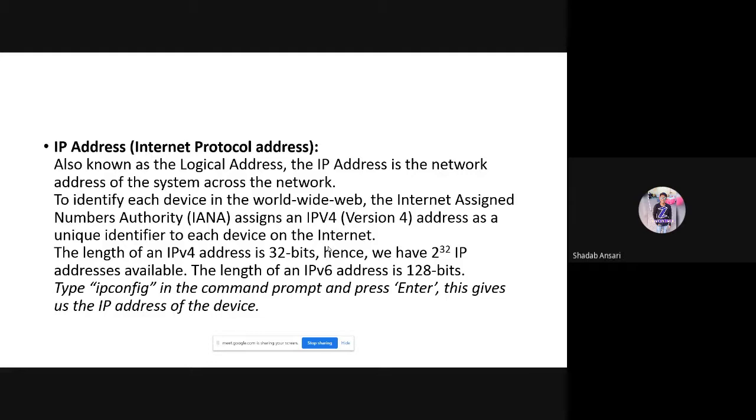Every device on the World Wide Web is assigned a unique identifier of 32 bits. The unique identifier that is assigned to each device on the internet is of 32 bits in case of IPv4. IPv4 stands for Internet Protocol version 4. It is a network layer protocol. With the 32 bits, how many IP addresses can we have?